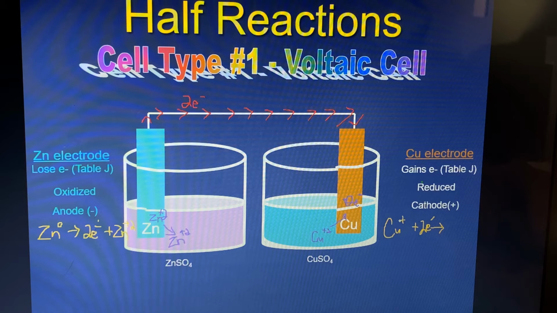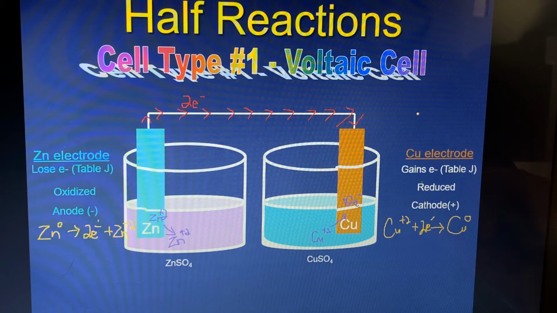I said atoms, sorry. So you've got Cu2+ plus 2 electrons turning into a copper atom. It's going from plus 2 to 0. Therefore, it's got to be reduced.